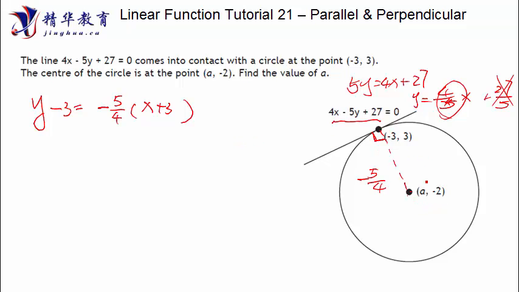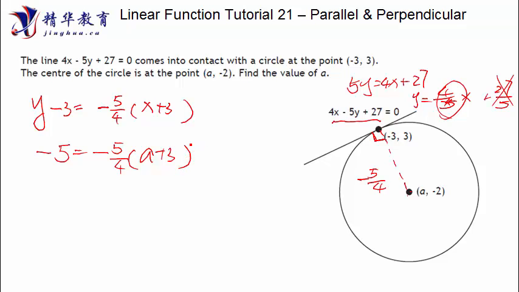In order to find a, we put a into the x position and -2 as the y position, and then we're finished. So -2 minus 3 is -5, and -5 equals -5 over 4 times a plus 3.